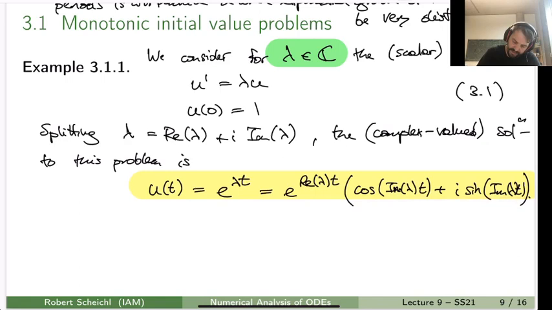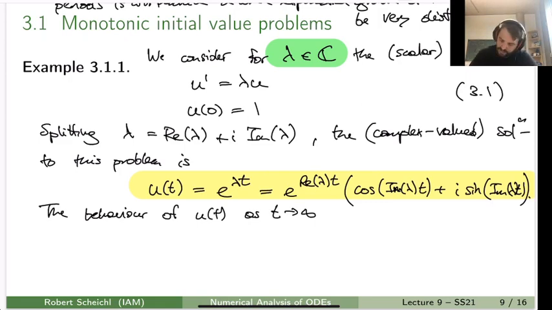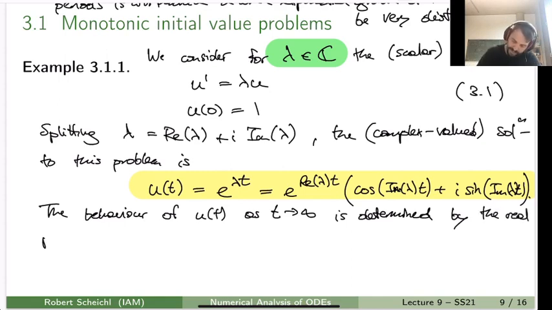If we study the long-term behavior of u of t as t goes to infinity, what it does at infinity is determined by the real part of lambda, because the other part only oscillates all the way up to infinity.